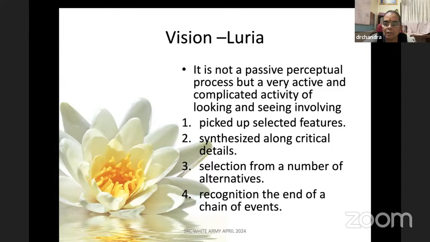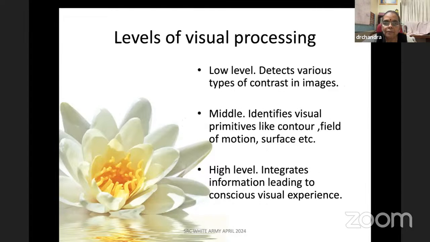All these frequencies are gathered, put into categories of selected features, and synthesized along critical details, with selection from a number of alternatives, and recognition is the end of a chain of events. So when we see an object, various frequencies of light and colors fall on the retina. They are categorized and made into complex synthesis based on multiple parameters, and the meaning is interpreted based on what is categorized in the various levels of the visual pathway.